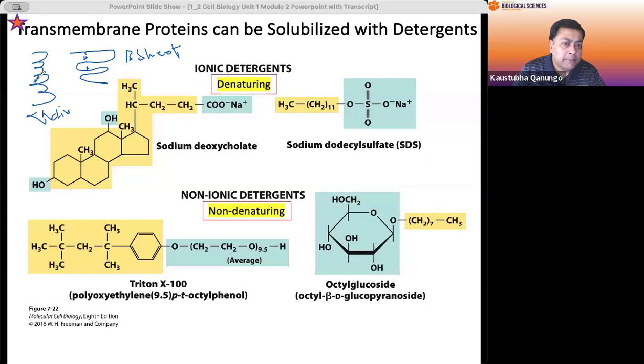When you're using a denaturing ionic detergent, it breaks hydrogen bonds and denatures the protein. So this protein will become flat like this. Denature. That's why we call it denaturing proteins. They will go to their linear peptide structure.